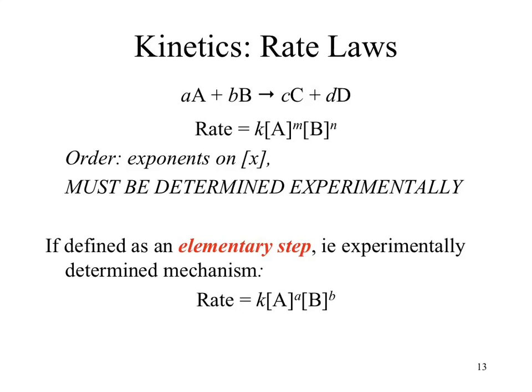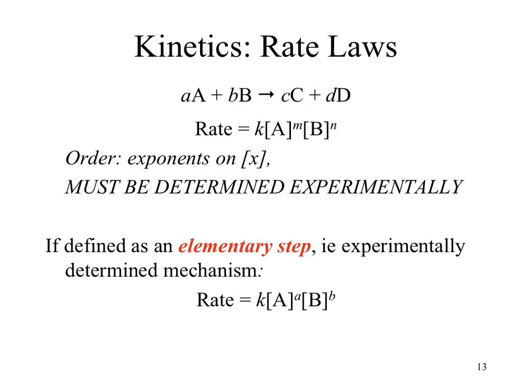Rate laws. When you're given an individual reaction, you should be able to come up with a generic rate law. So we take a look at that top rate expression. First off, when we're looking at rate law expressions, it's always going to start with rate. Rate equals something.